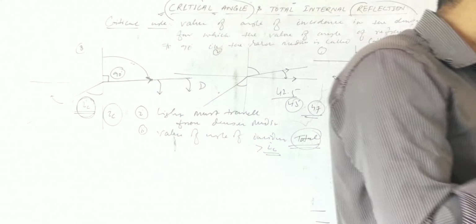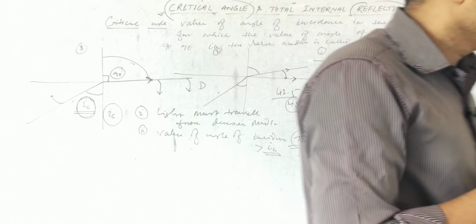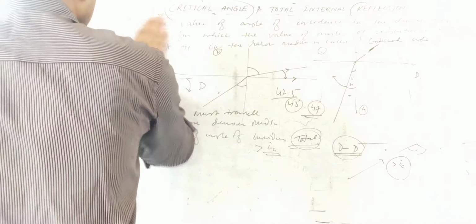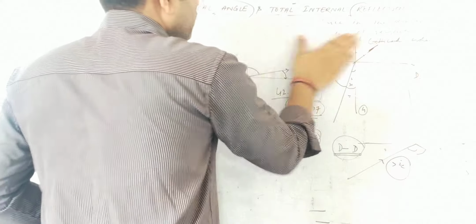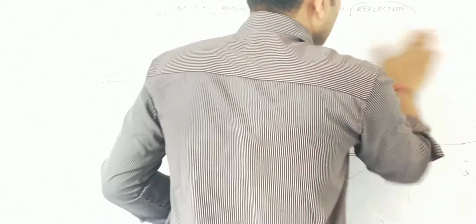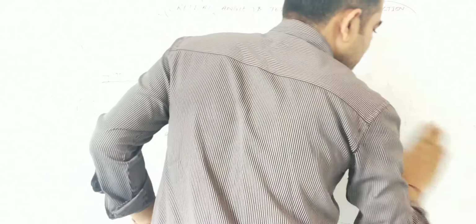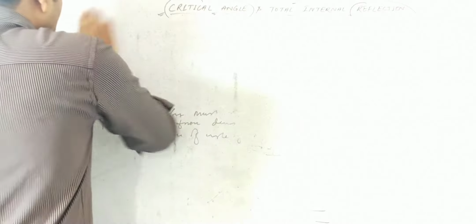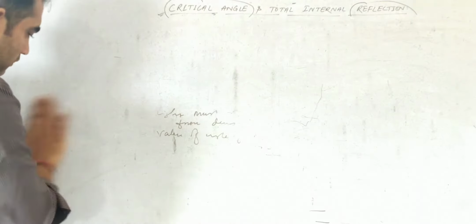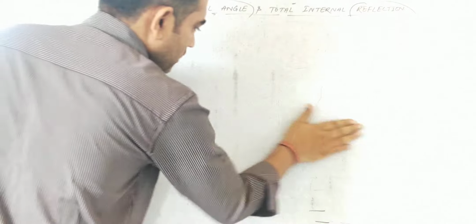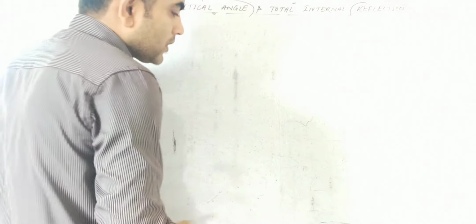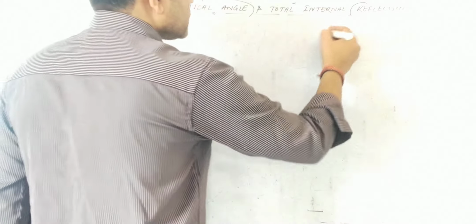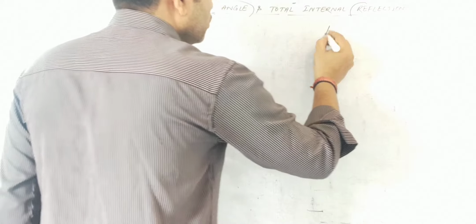Now we are going to find the relation between the critical angle and the refractive index. Suppose a ray of light is entering from air to glass. First of all, we are going to find the refractive index of air with respect to glass.